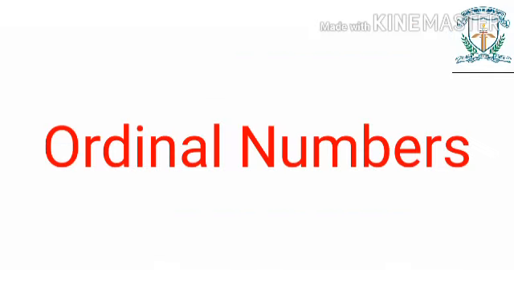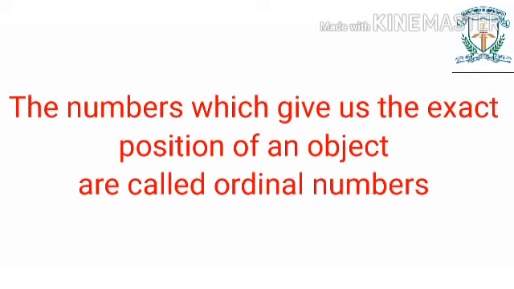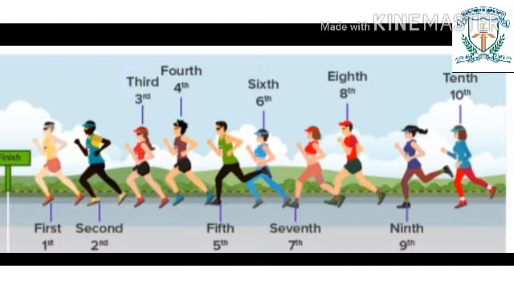Next, we'll move on to ordinal numbers. The numbers which give us the exact position of an object are called ordinal numbers. For example, the picture shows some athletes competing in a 400-meter race. We can use ordinal numbers to define their position.